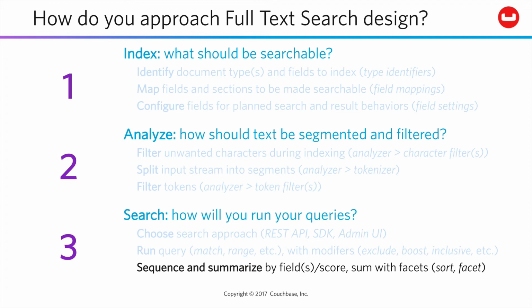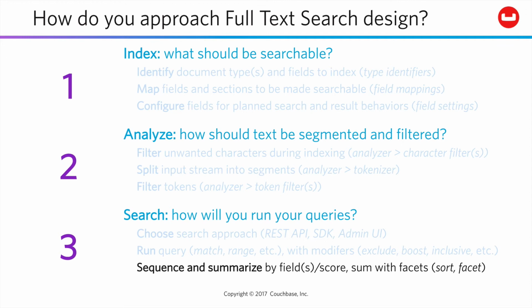Last, you'll determine whether the default sort order works for you, and if you want your data faceted or have group statistics gathered in some manner. In the end, you get back a JSON document full of sorted results, again also known as hits, with robust supporting data, including facets. In the lessons ahead, we'll be learning how to do all of the above using Couchbase full-text search.